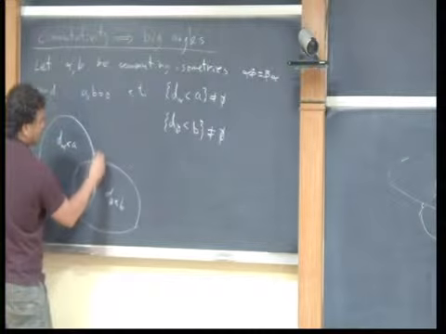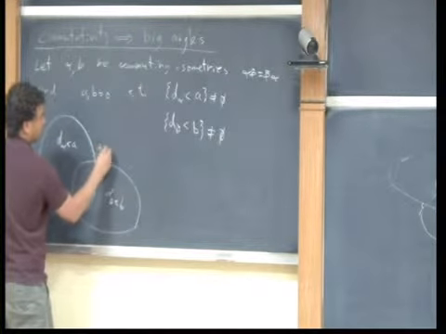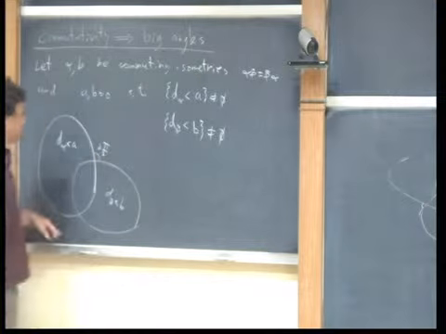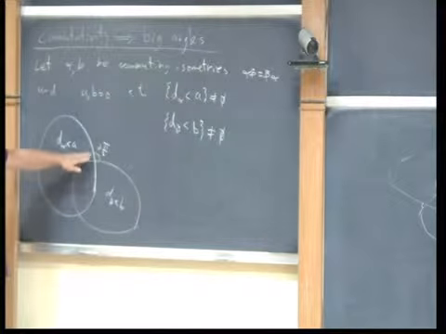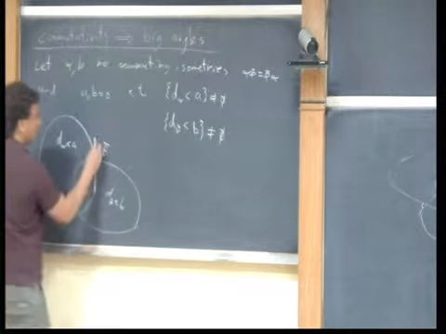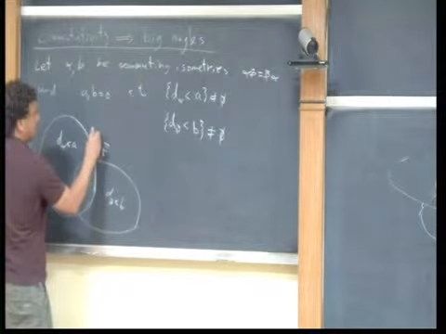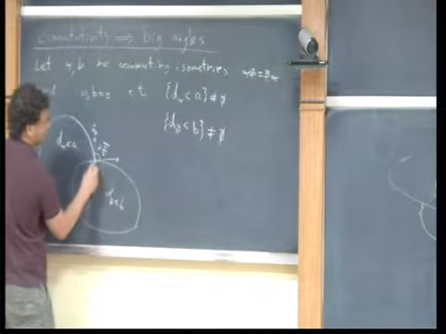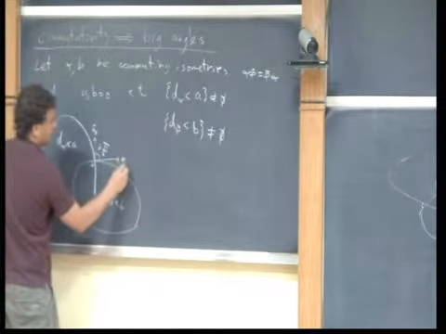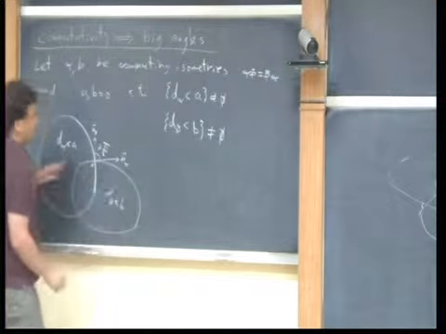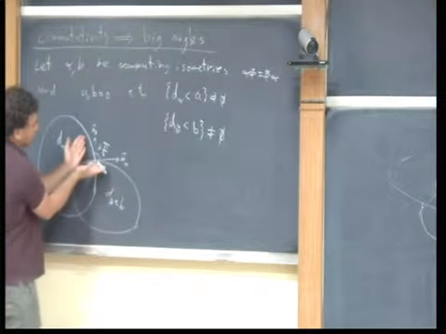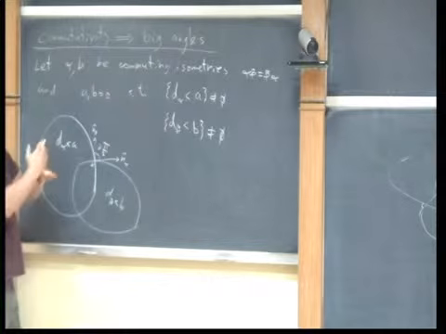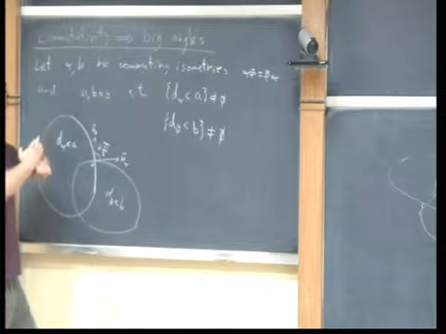And I claim that the angle here is at least pi over 2. So how do I formulate it? I take a normal, this will be n_beta, at the same point x, and this will be n_alpha. The angle between the hyperplanes is pi minus the angle between the normals.